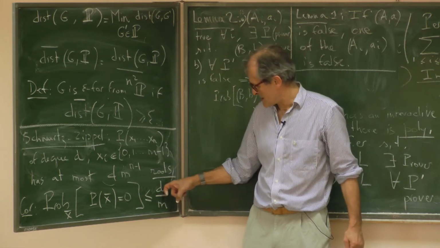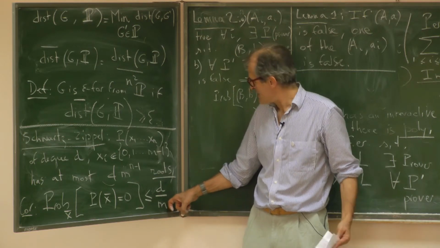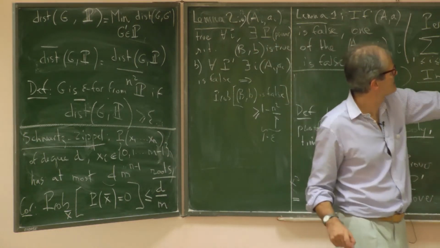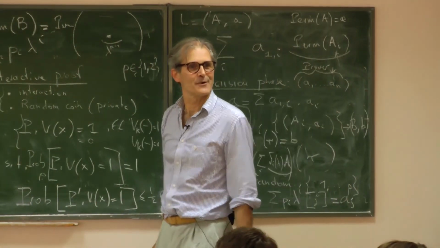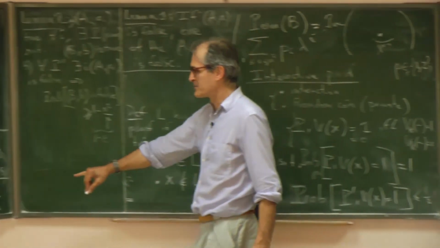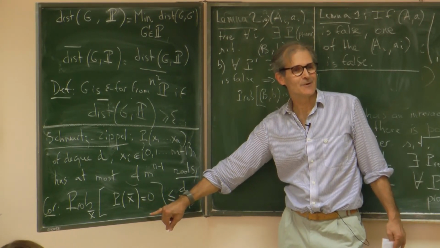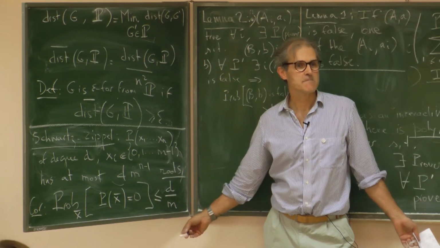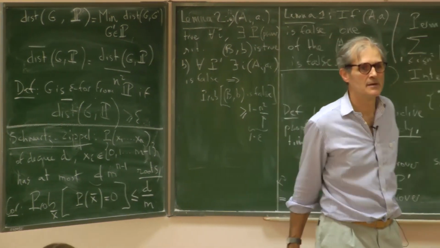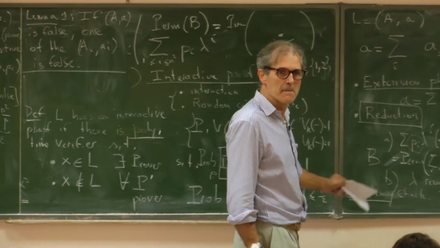But you see that m is huge. m is going to be a prime number, so it's an exponential number. Therefore, the probability to hit a root of the polynomial is extremely small. It's 1 over m, essentially d over m. So now, in which sense are we going to apply this?